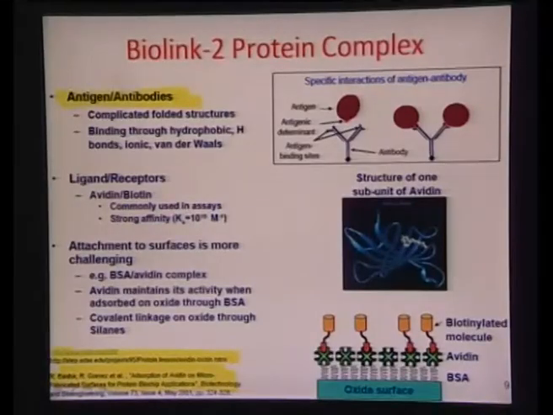So, immobilization is a primary goal of any biosensor: how you can immobilize a recognition element, how you can immobilize a particular biological entity. That is the first primary goal of a biosensor. The first such biolink is the chemistry between antigens and antibodies.